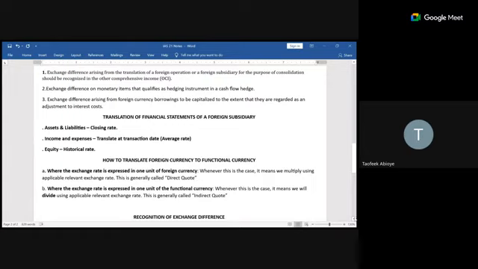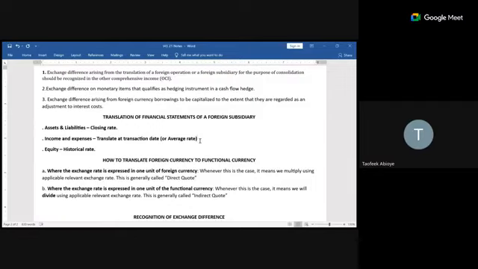Then P&L items, which is income and expenditure, we translate at transaction date or average rate. Practically it is the average rate we usually use. In the exam, please use the average rate by default. The transaction date is just by the way.